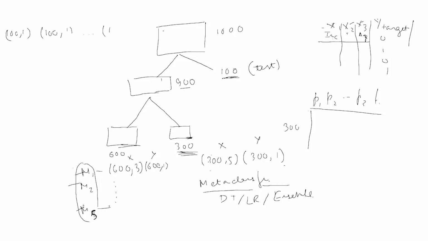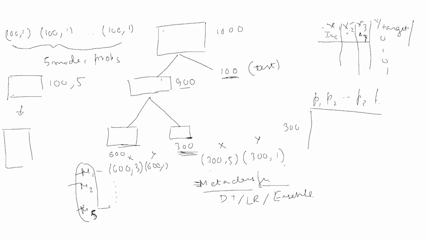So these are 5 sets of probabilities from 5 models, and you would combine them into a data set which is 100 cross 5, concatenating them into one. So now you take the 5 model probabilities, combine them into one data set and use the meta classifier which you have trained using the 300 data points to predict the final probability for those 100 data points.